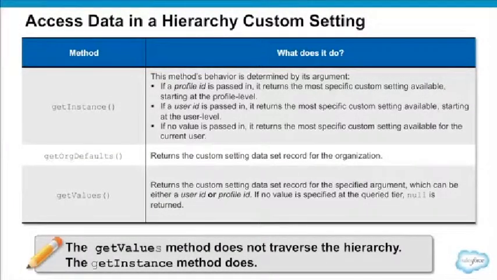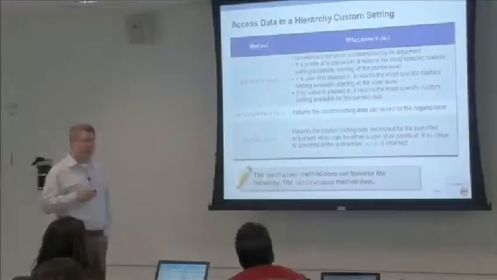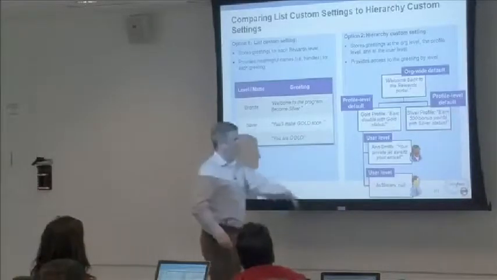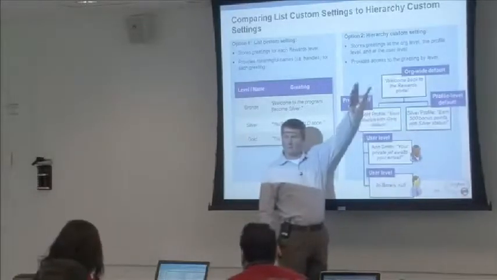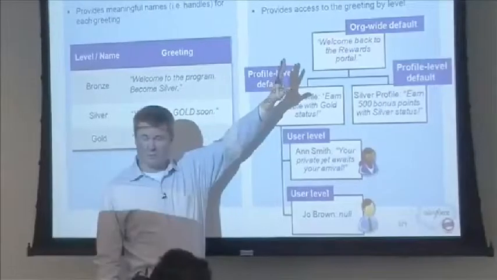When you are fetching your hierarchy settings, there are a number of different options, but the idea is this. When you call getInstance, you're going to either specify a user ID or a profile ID. If you specify a profile ID, what you're saying is, in the hierarchy, start at this level, and if you find a record, return it, or return the org default.